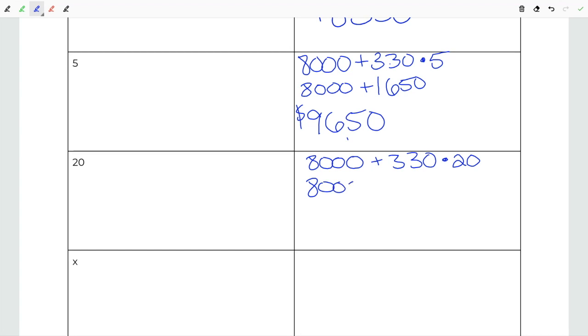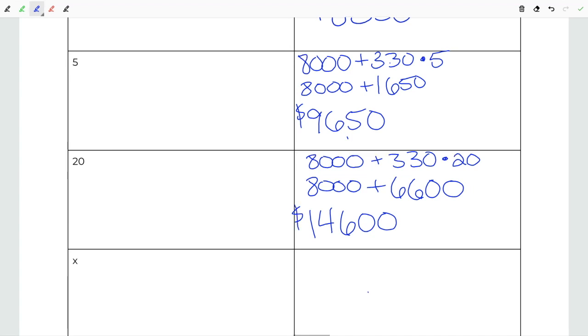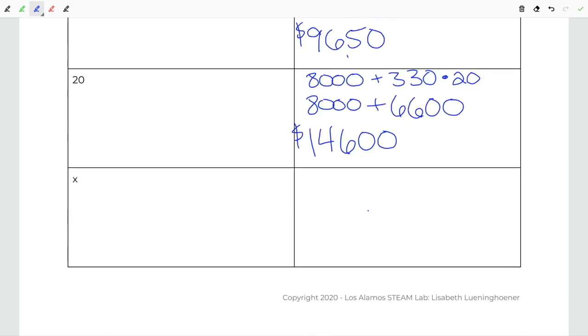So that's our initial 8,000 plus, and we're seeing if I can multiply on the fly, $6,600, and we get $14,600 is what we've spent after 20 years of this installation.